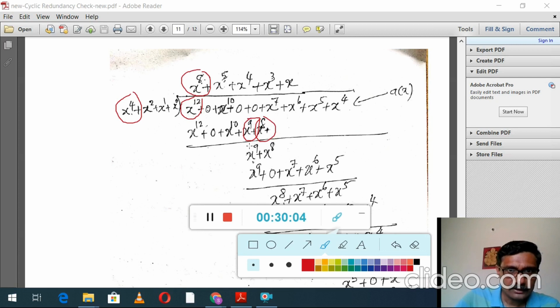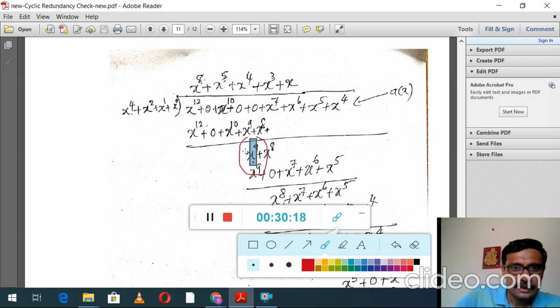Then for this again, you take x power 9. You have to take a term in such a way that after multiplying, you get 9.